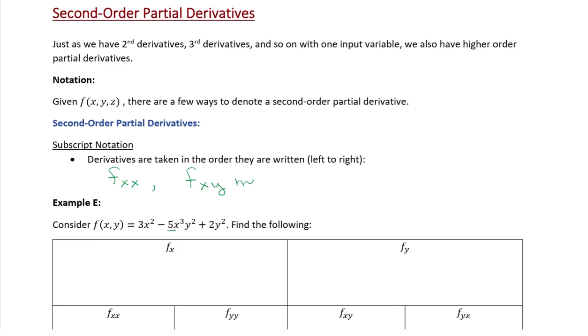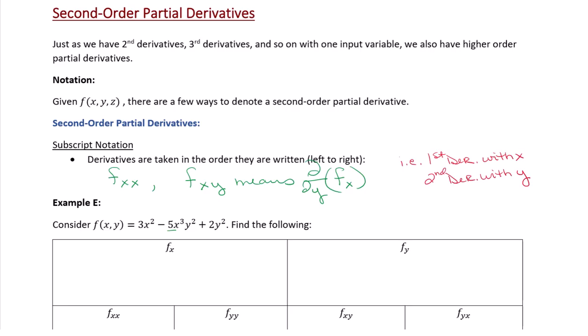What that means is that we are going to take the first derivative with respect to x, and then we'll take the partial derivative again with respect to y. In other words, the first derivative with x and the second derivative with y.